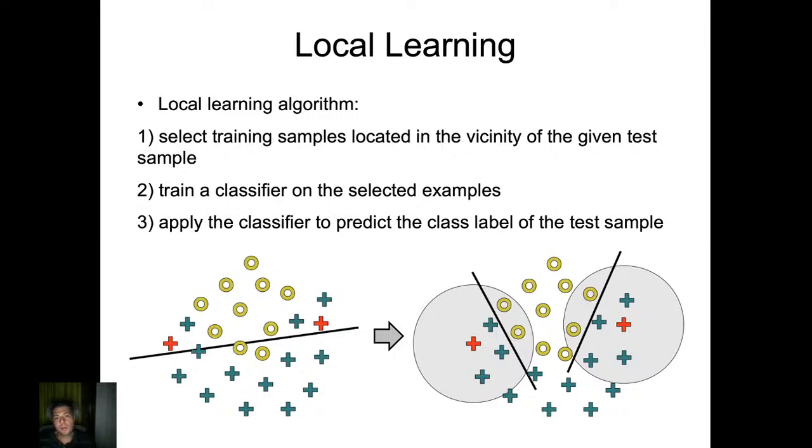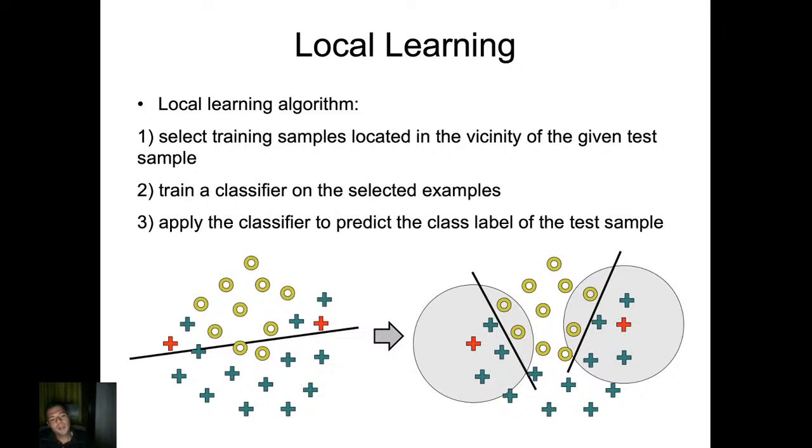Once you select the nearest neighbors, you train a classifier on the selected samples and then apply the classifier on the respective test sample. As in nearest neighbor, when you get a new test sample, you have to find the nearest neighbors each time. Here you have to do all these steps for each test sample.